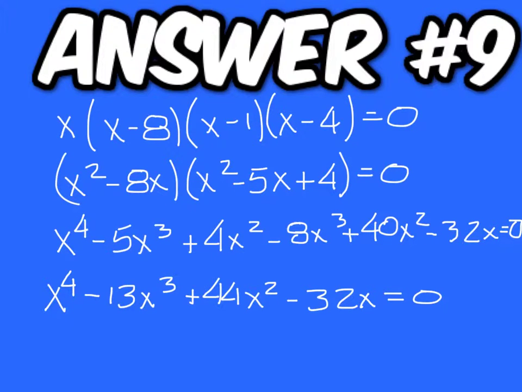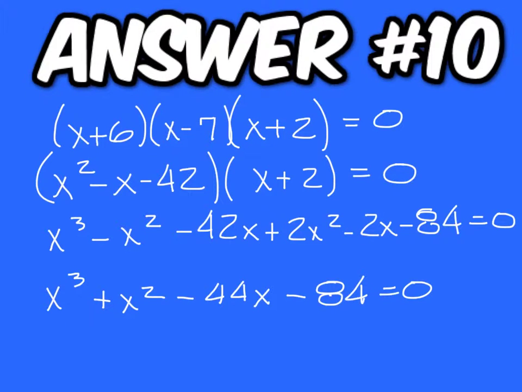Number 8 is x to the third minus 6x squared plus 3x plus 10. And number 9 is x to the fourth minus 13x to the third plus 44x squared minus 32x. Last one, x to the third plus x squared minus 44x minus 84 equals 0.